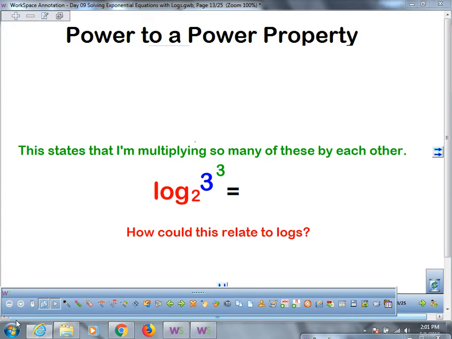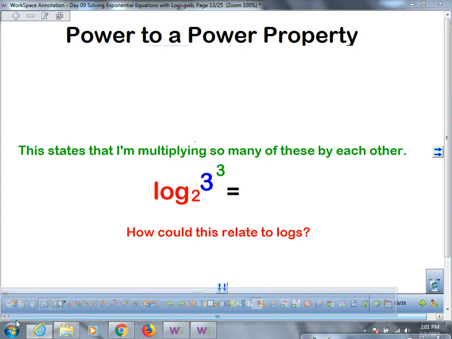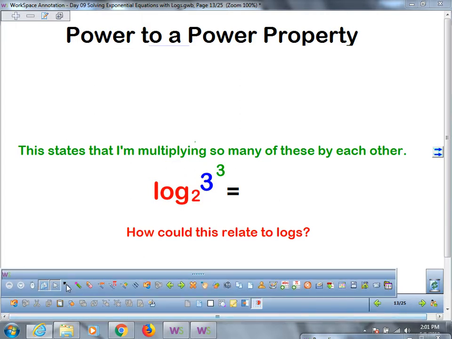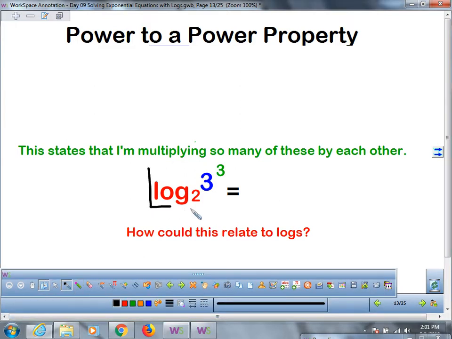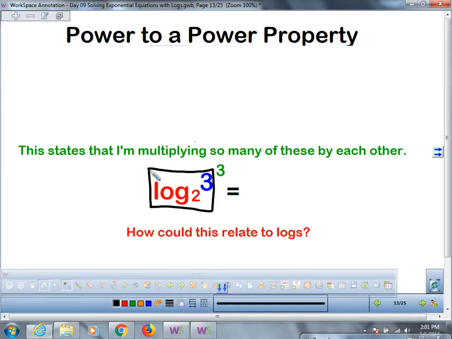So if I were to say base 2, I get 3 to the 3rd power, I'm really saying this right here 3 times itself. Does that make sense? What that is saying right now is log 2 to the 3 times itself.